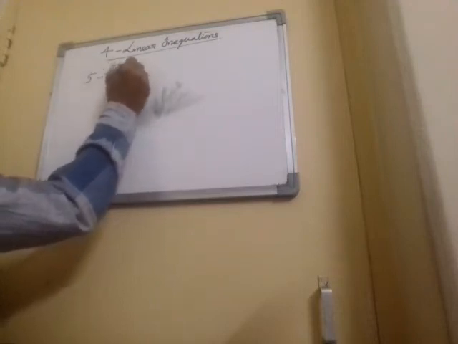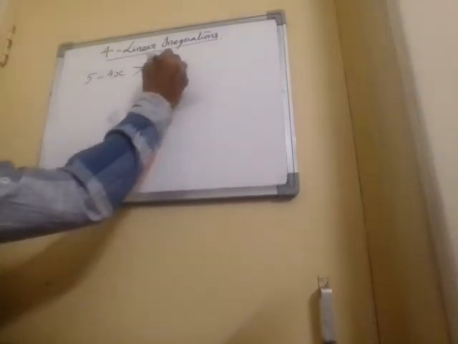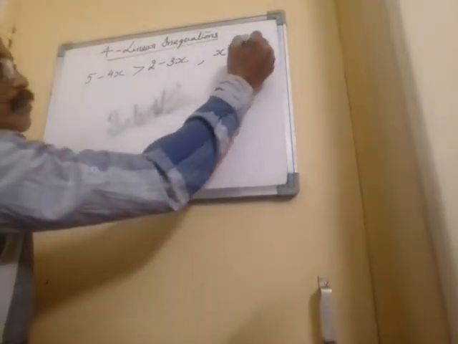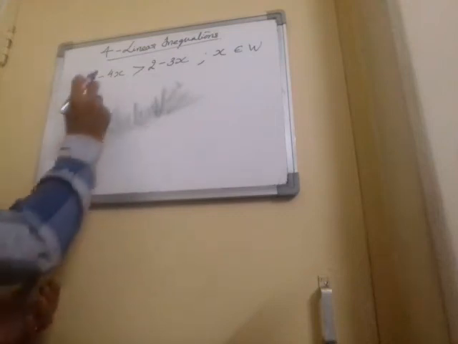The third question: 5 minus 4x greater than 2 minus 3x, where x is a whole number. x is an element of the whole numbers, that is 0, 1, 2, 3, etc. First you have to simplify this.